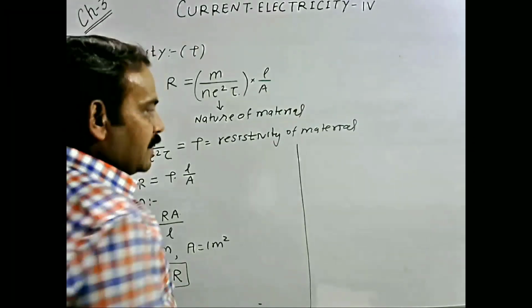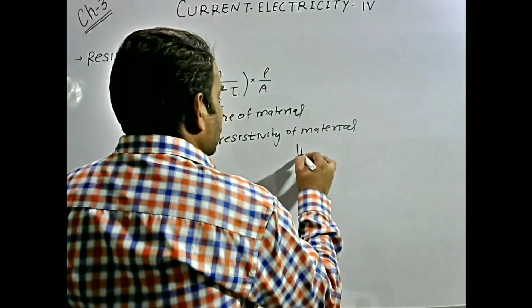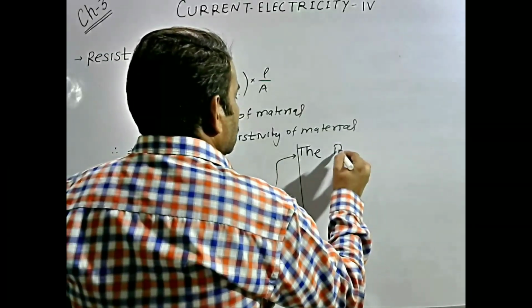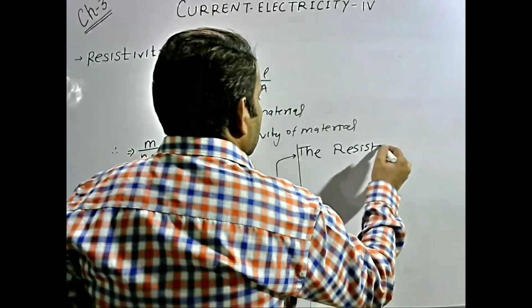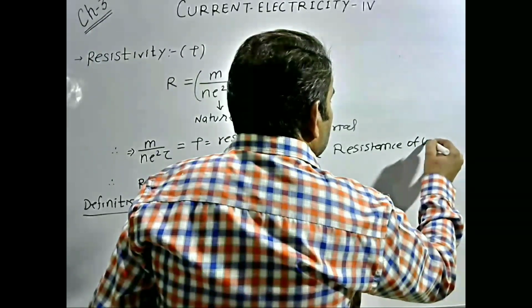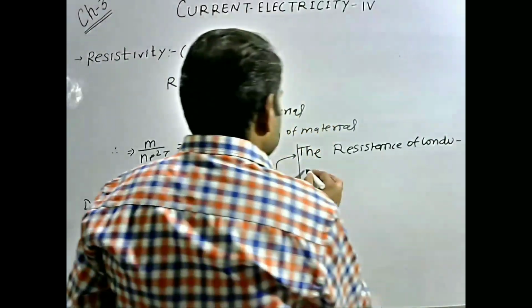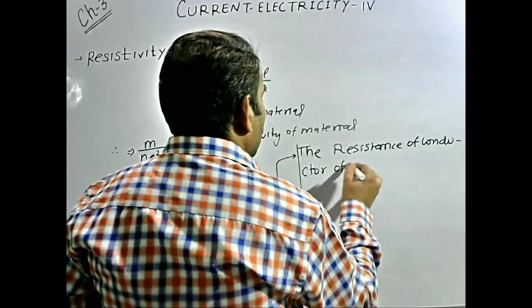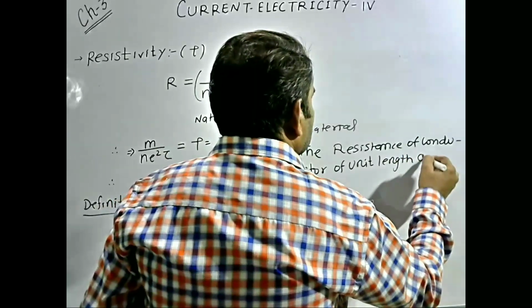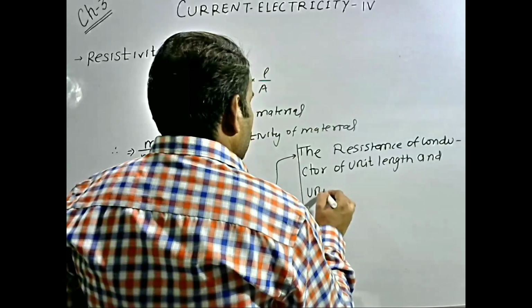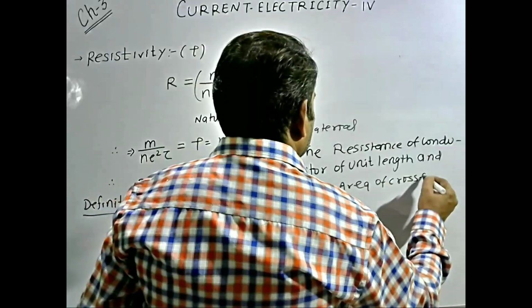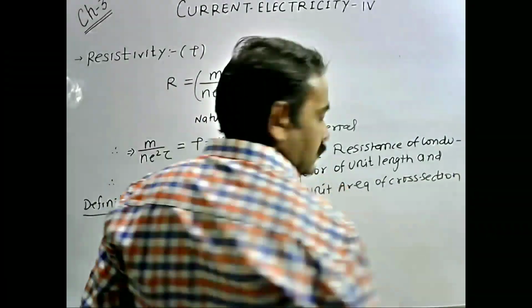So resistivity is defined as the resistance of conductor of unit length and unit area of cross section. Clear?